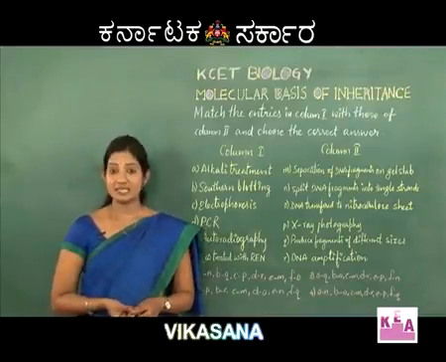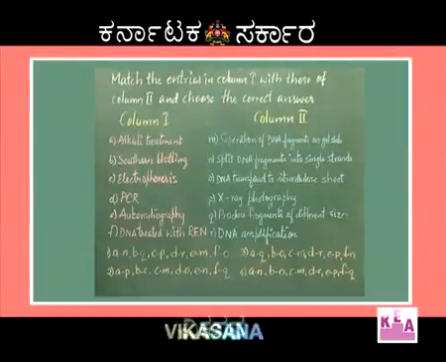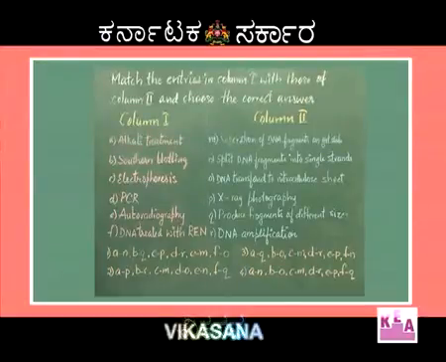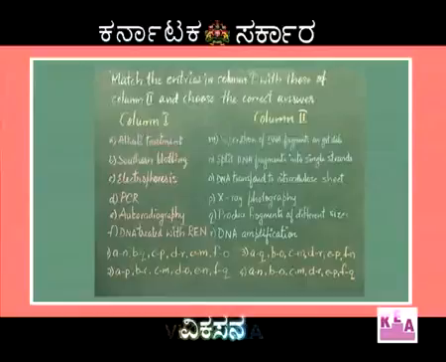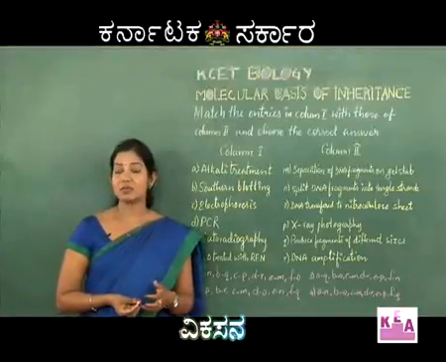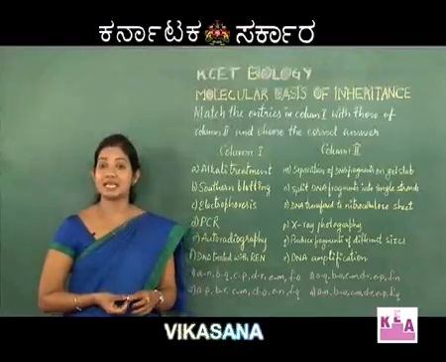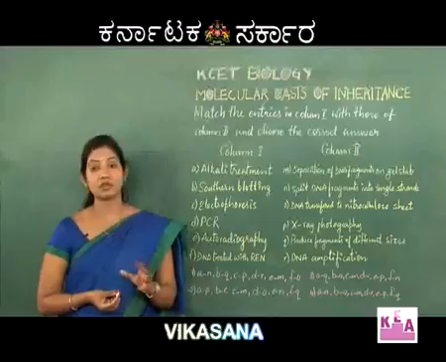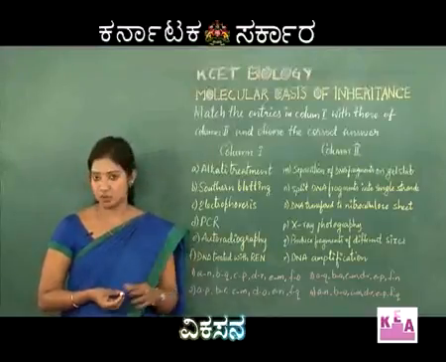Students, let's see the next question. It's match the following. Match the entries in column 1 with those of column 2 and choose the correct answer. You can see all this information is with respect to DNA fingerprinting. What is actually DNA fingerprinting? DNA fingerprinting is basically an analytic technique to identify individuals based on specific nucleotide sequence present in an individual.